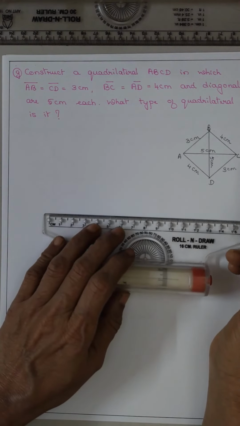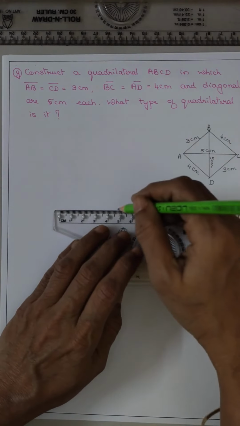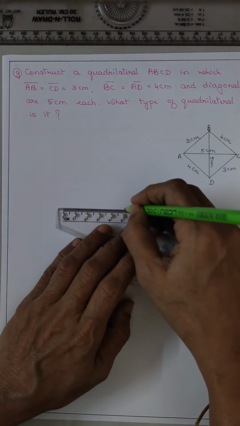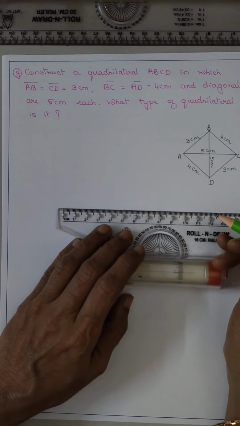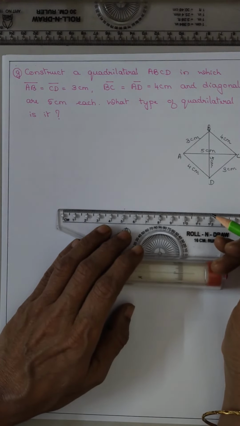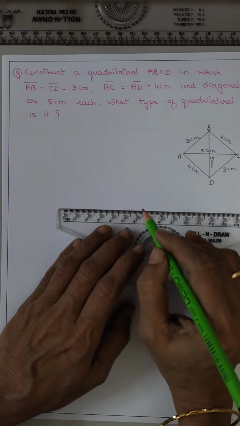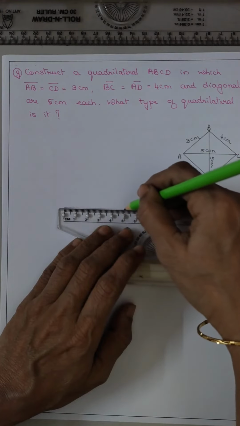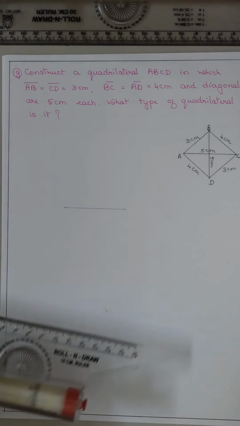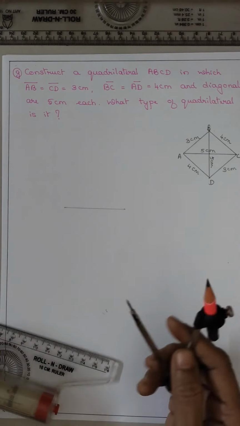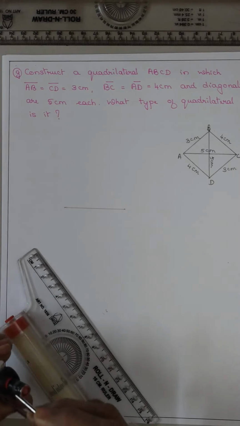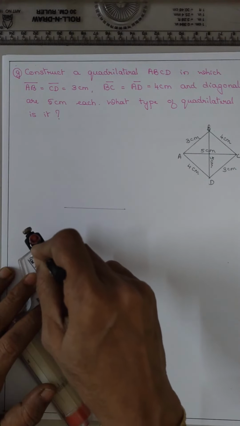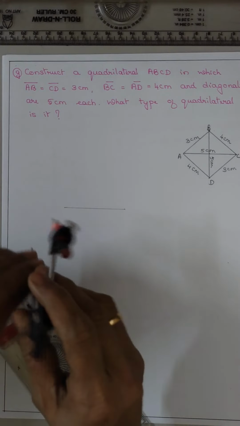So first draw AC, draw the rough diagram, and now draw it 5 centimeter. Now 3 centimeter AB and CD, 3 centimeter. Take 3 centimeter AB.